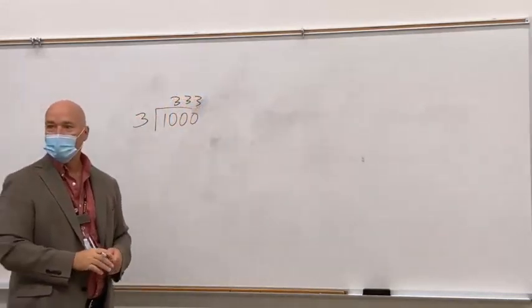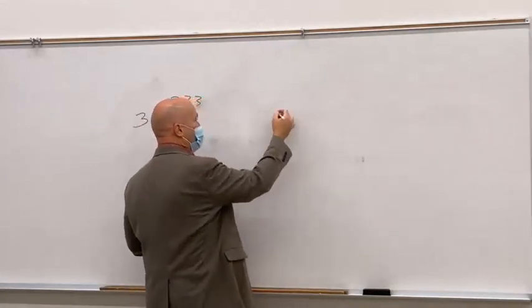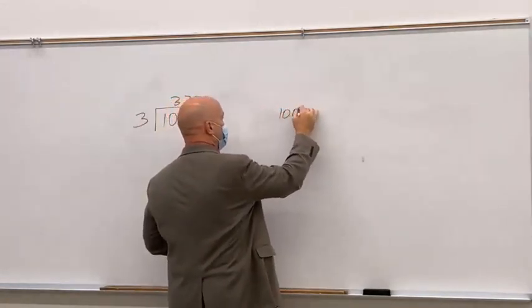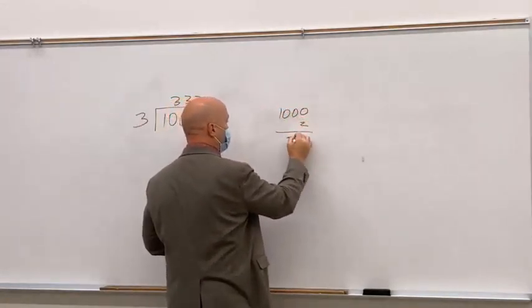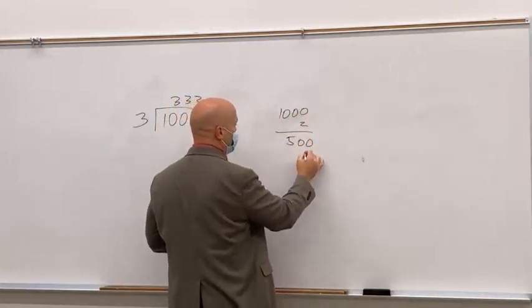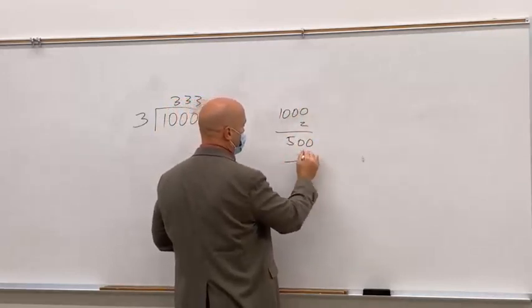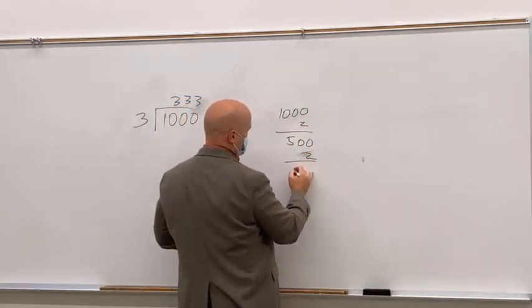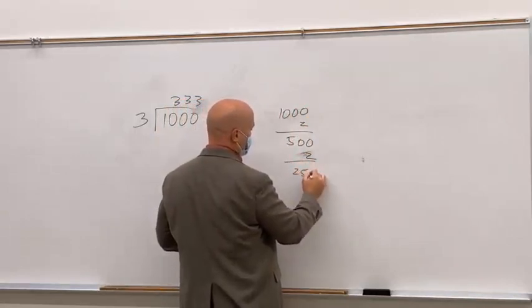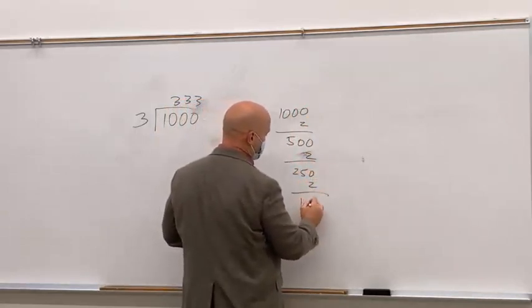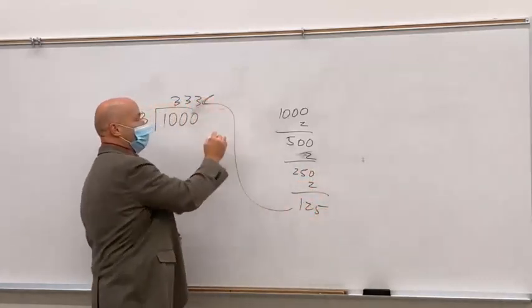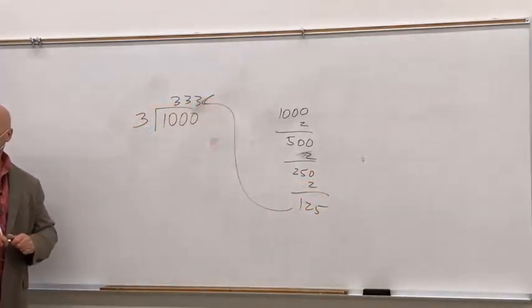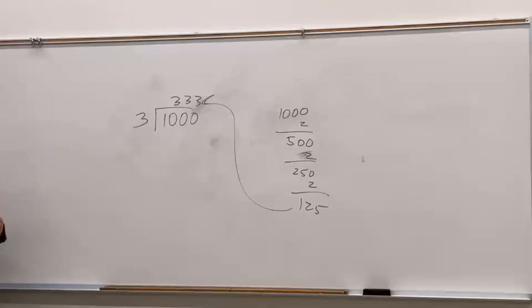As opposed to 3 half-lives: 1,000 divided by 2 is 500, divided by 2 is 250, divided by 2 would be 125. That's a big difference, right?